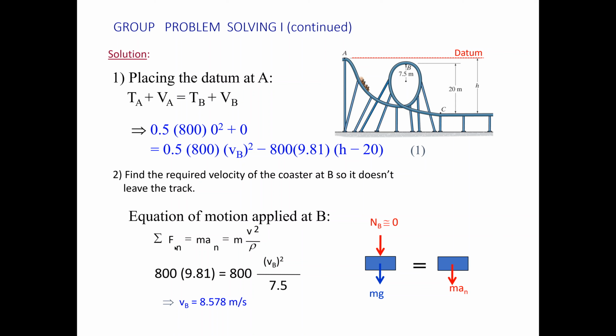So the summation of the forces is basically going to be the normal force in one direction going up and gravitational force going down, and that's what this is. Okay. All right. So you can use this equation, our equation of motion, to solve for VB.